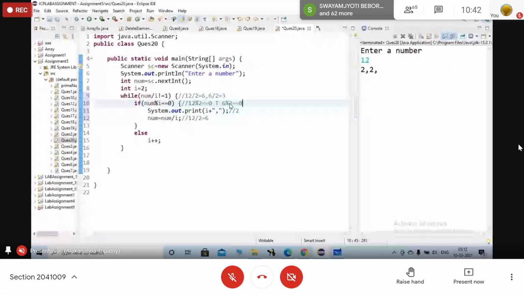Then यहाँ पर प्रिंट कितना होगा? 2. Then 6 divided by 2. What is the value? 3. 3 divided by 2, कितना आएगा यहाँ पर?